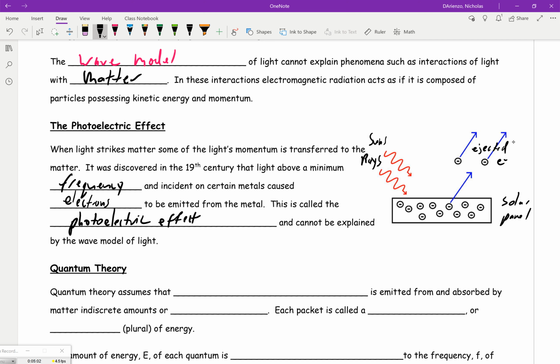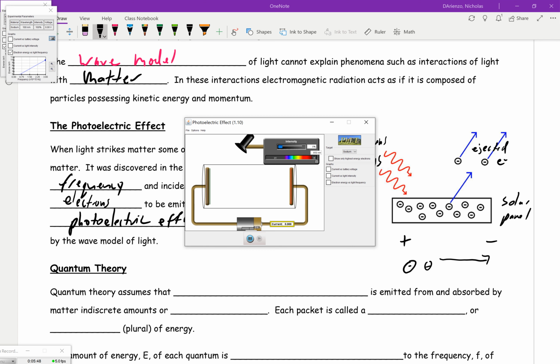In the case of a solar panel, we can direct those ejected electrons through an electric field. And if we have moving electrons in an electric field, we generate a current, which we can then use to power our home, supply the electric grid, or use it directly to power some type of device. So solar panels work off of this photoelectric effect, which means we can't just use the wave model to explain what light actually is and how it interacts.